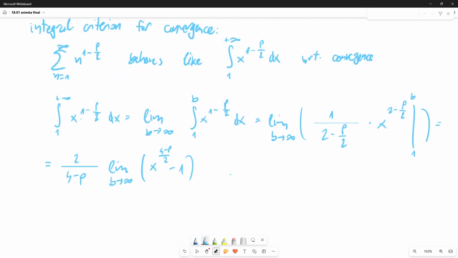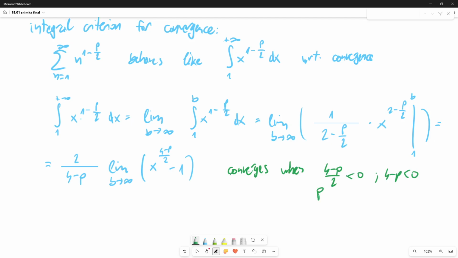So this integral is going to converge when (4 minus p) over 2 is less than 0. Of course, that means that 4 minus p is less than 0.